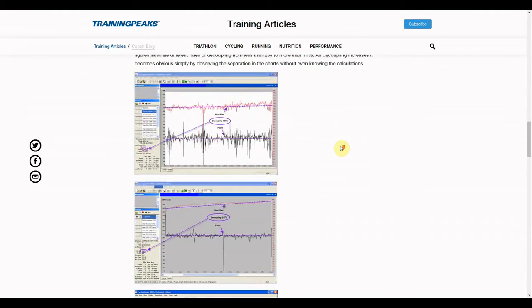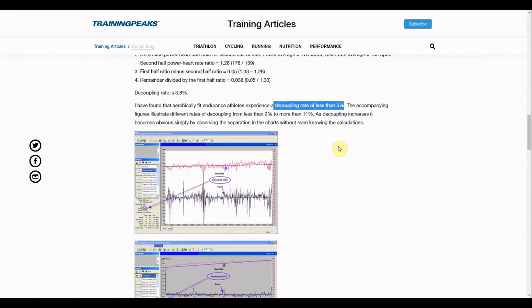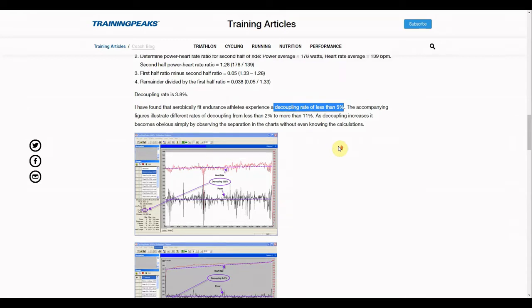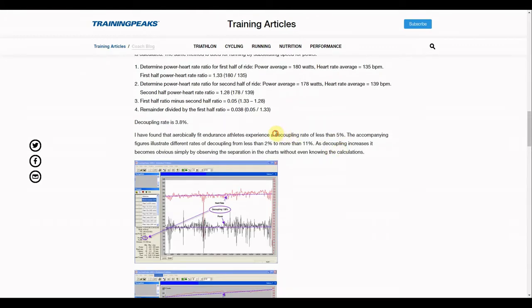And for him it's pretty important, because if you want to increase your volume, and not specifically train your lactate threshold or your VO2 max or whatever, if you want to be in the 80-20 training approach, then you need to make sure that decoupling doesn't occur.